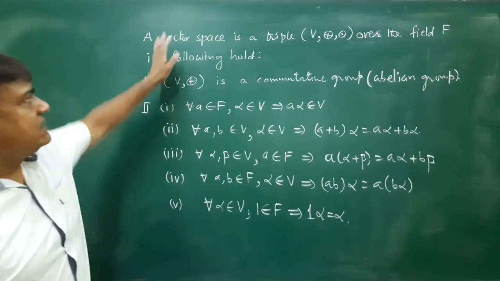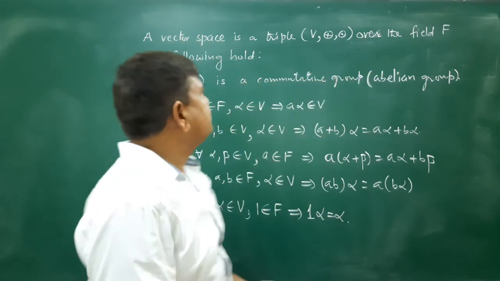Okay, so a vector space is a triple over the field F.